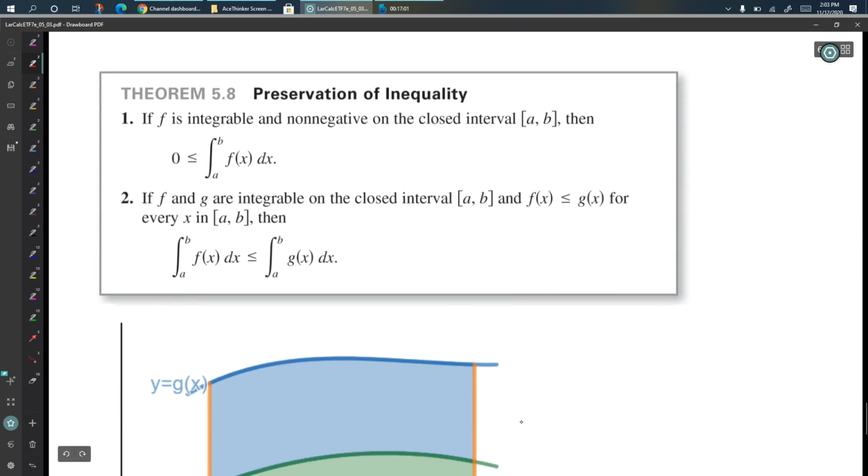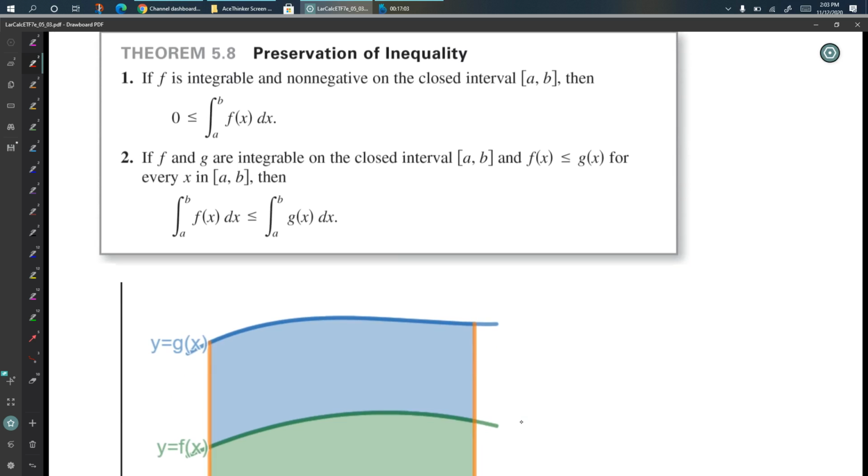Okay. The preservation of inequality, our last property, and the end of section 5.3. You ready? You've got a function f. It's integrable, and it's not negative on an interval. Well, if the function never goes negative, the integral can't be negative.